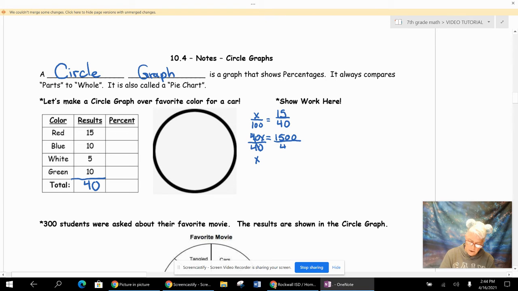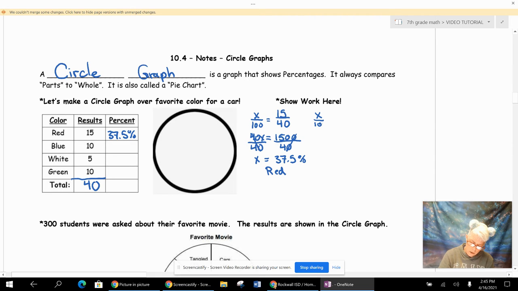Now when I divide by 40, as you know, I can knock out those two zeros. And 150 divided by 4 is 37.5. So that's going to be 37.5% for red. So I'm going to go ahead and put that in here, 37.5%.